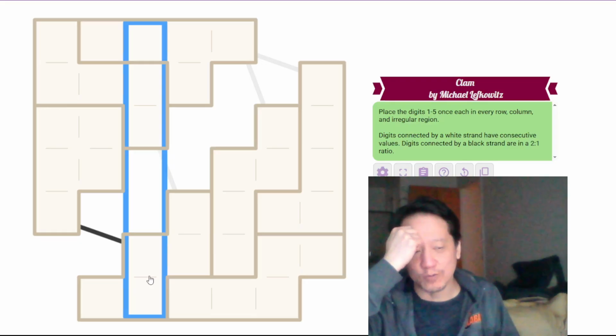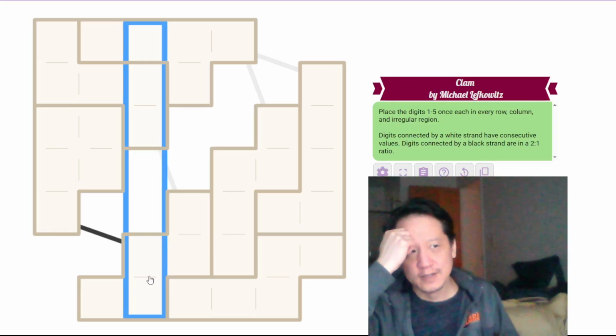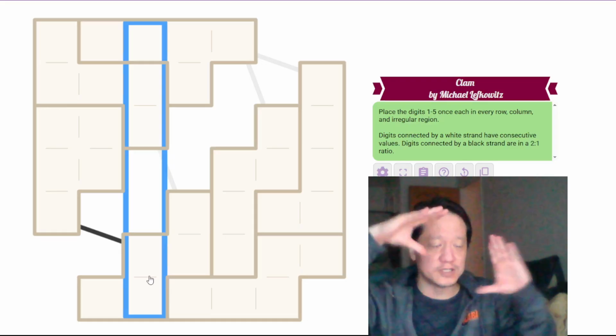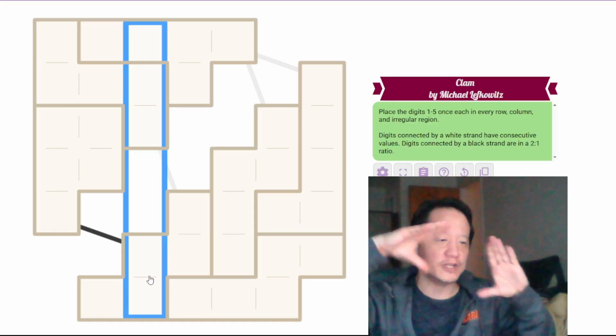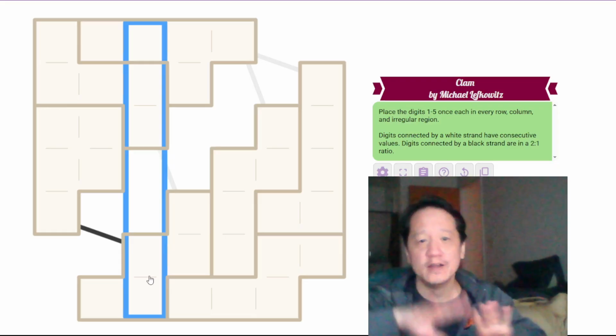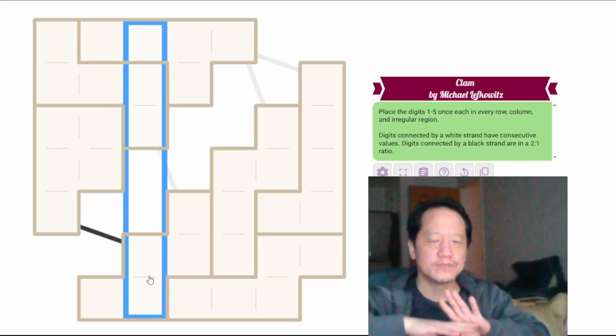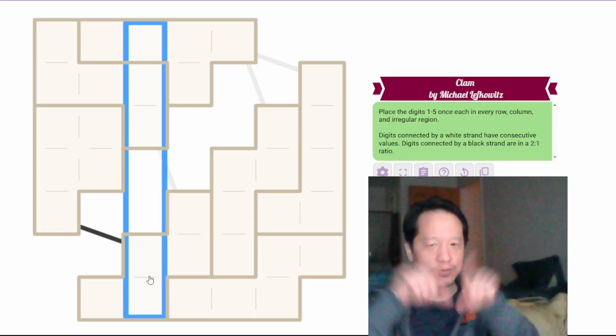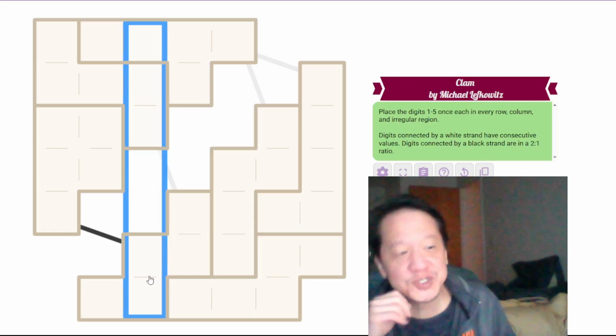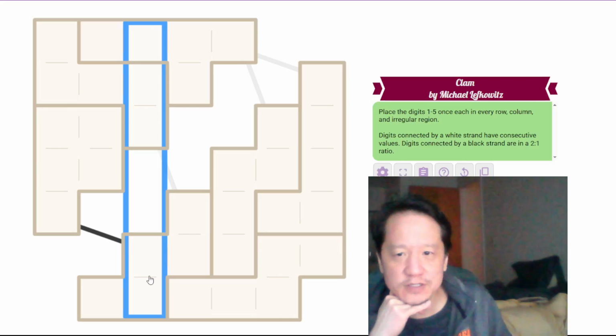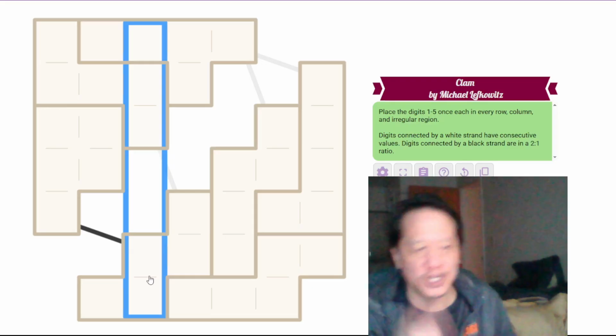Or if you have a 6 by 6, it's usually 6 regions. But here, for the digits 1 through 5, you have 7 regions, which is definitely an interesting change.